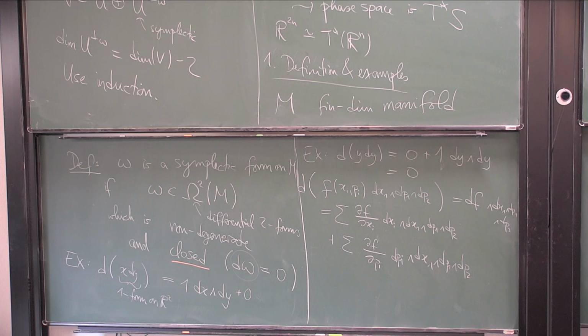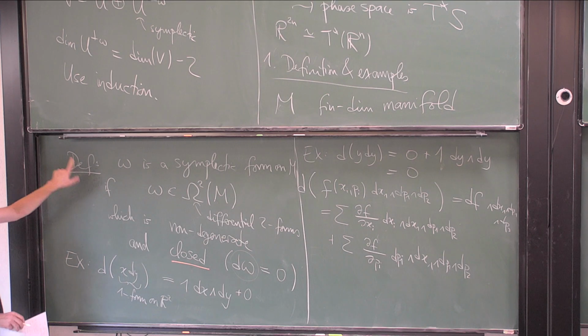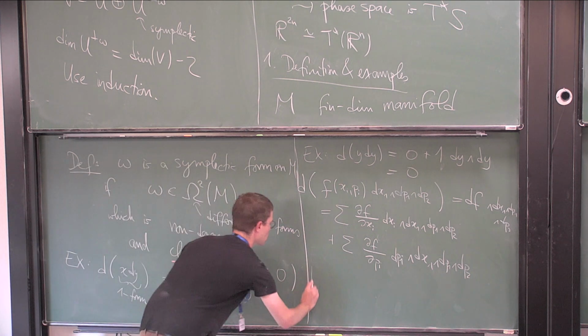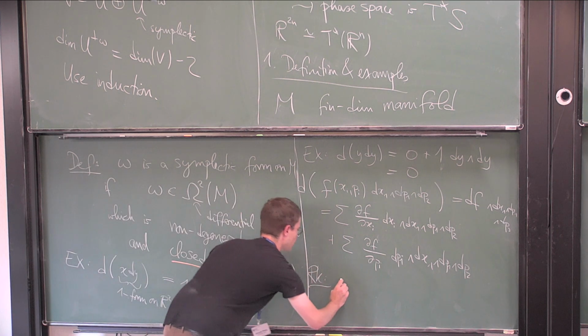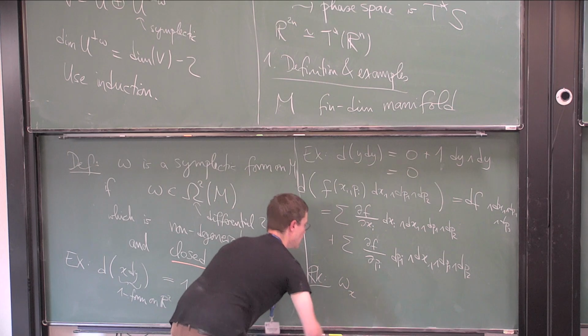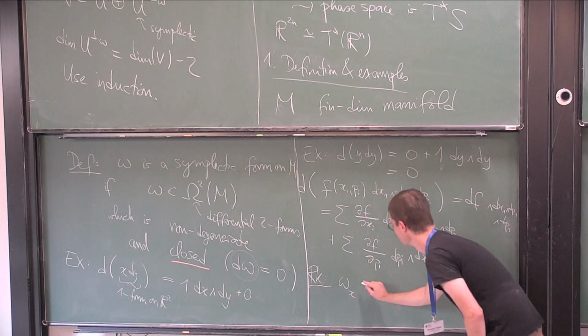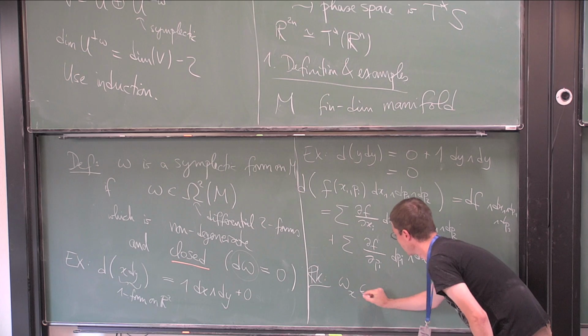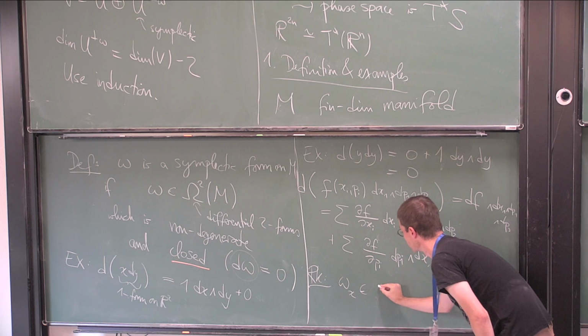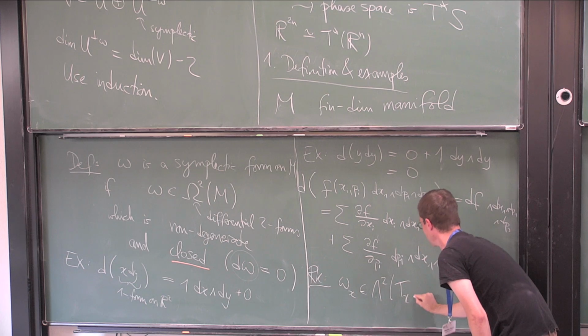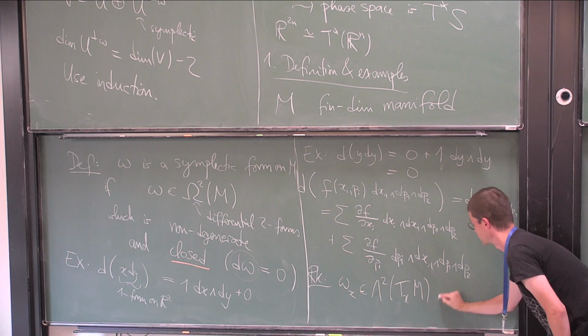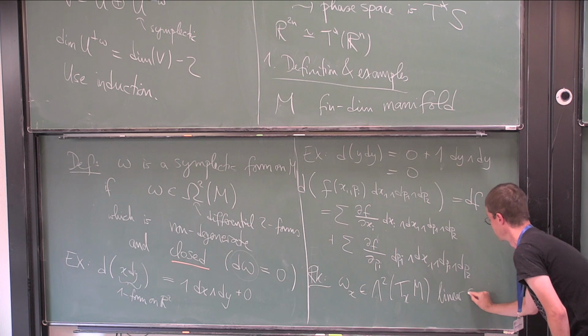The first remark is that when we take one point x, omega_x is an element of Omega^2 of T_xM. This is a linear symplectic form.